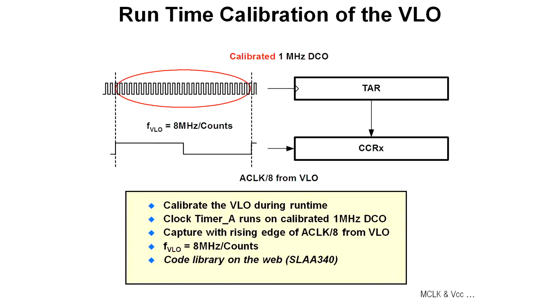There is a code library on how to do that. Go look up SLAA340 for exactly how to do that. So if you're looking to get crystal-type accuracy from the VLO without having to pay to have a crystal on the device, here's a way for you to minimize the amount of extra parts that you're putting on your board.